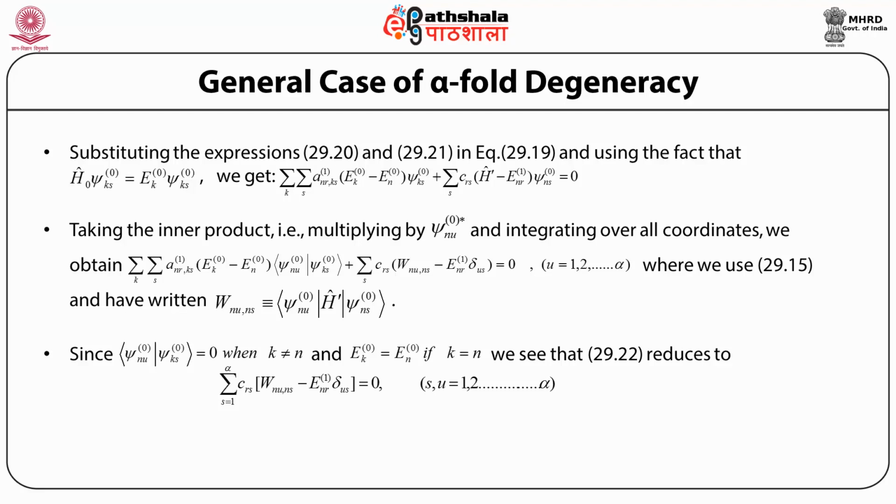We see that 29.22 reduces to sum over S equal to 1 to alpha CRS into W nu ns minus ENR1 delta us equals 0, where S and U can take values 1, 2 up to alpha.